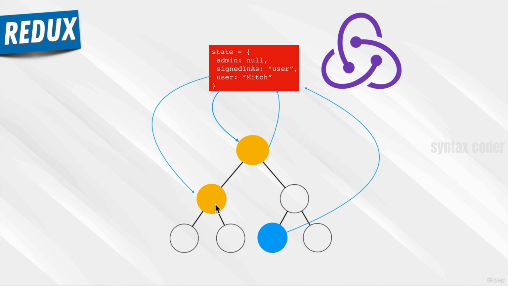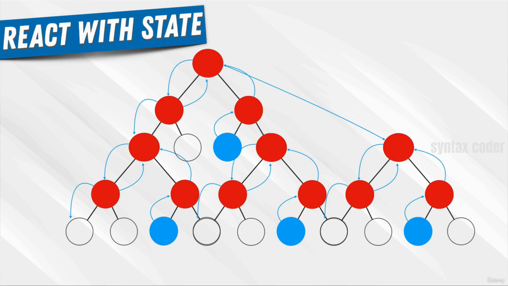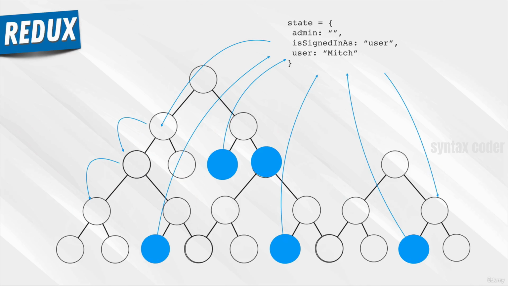So our diagram from looking like this with just React can go to looking like this with Redux, where none of the components need to hold state anymore. And we can have one massive object that describes our entire app, and whichever component needs that prop can just be passed down to it. And any updates that happen go through the state, the state gets modified, and then we pass down that information to the component.